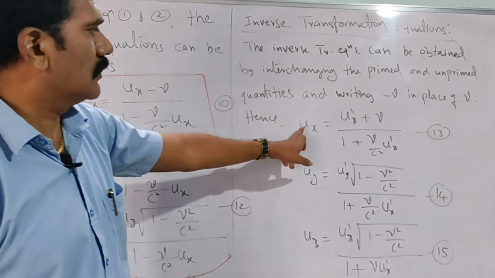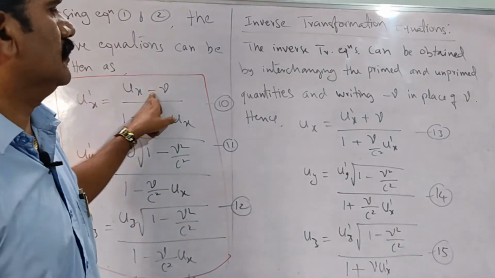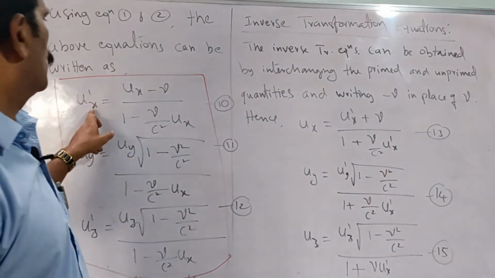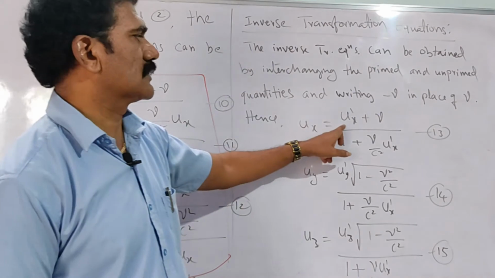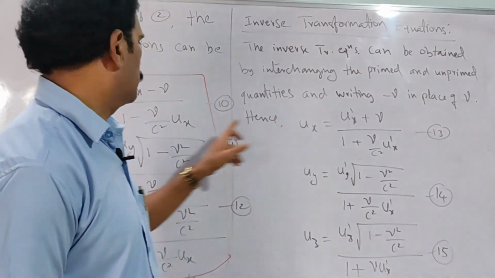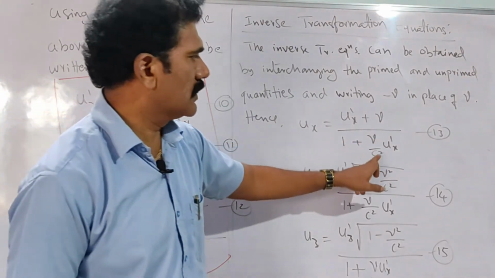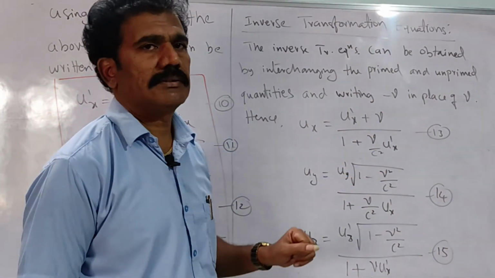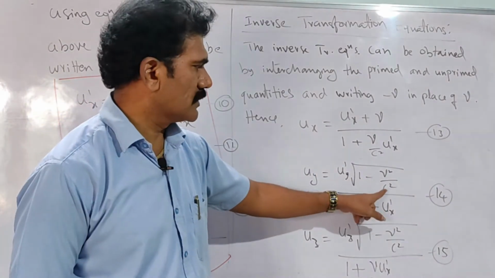So they are actually ux equal to ux dash plus v, because you have minus v here, you get plus v, divided by 1 plus v by c square into ux dash. Similarly uy is equal to uy dash square root of 1 minus v square by c square.